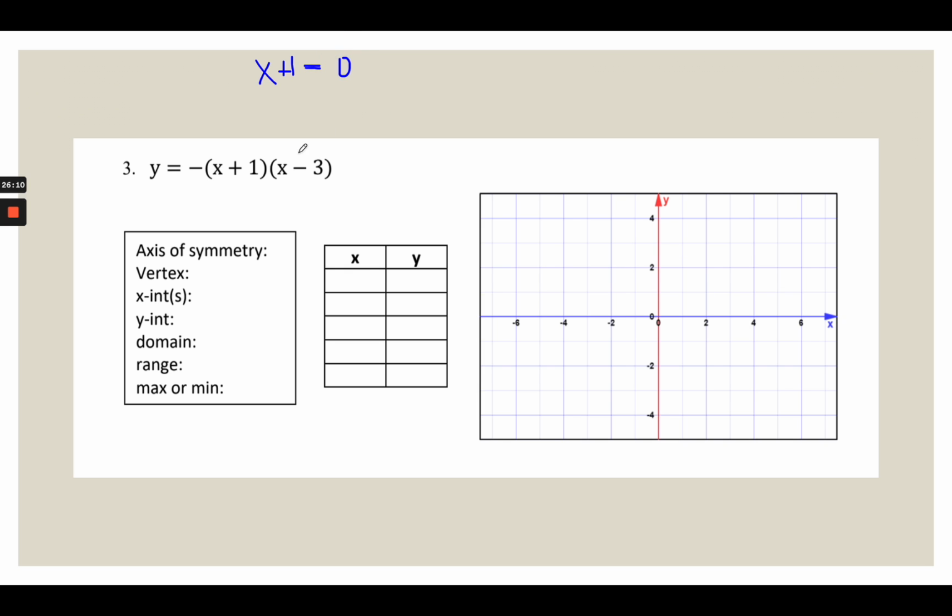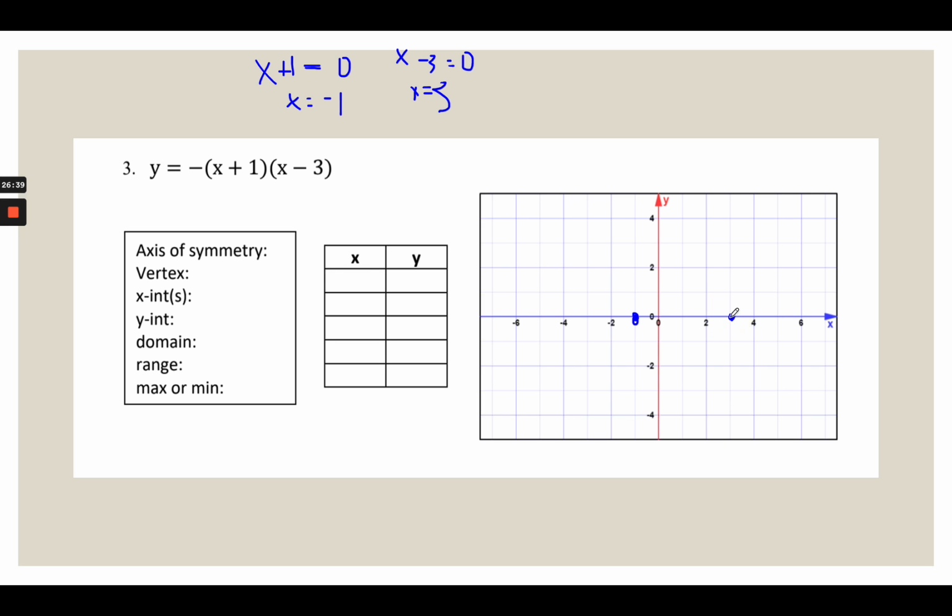If we split this up and we have x minus 3 equals 0 to find our x-intercepts. So if we solve for x, we subtract 1 from both sides, x is equal to negative 1. Over here, you'd add 3 to both sides, so that's equal to 3. So we're going to have our x-intercepts at (-1, 0) and (3, 0).